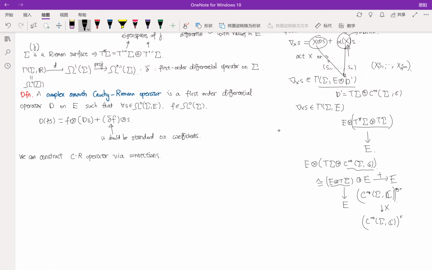So now we must introduce another thing called the Hermitian structure in order to construct such a Cauchy-Riemann operator, because with a Hermitian structure we can decompose.